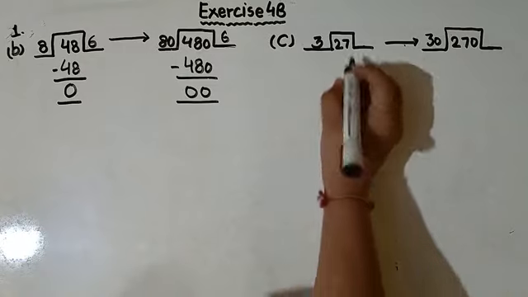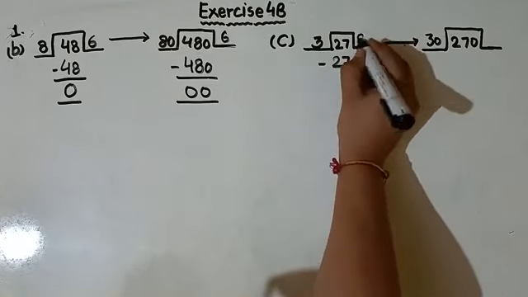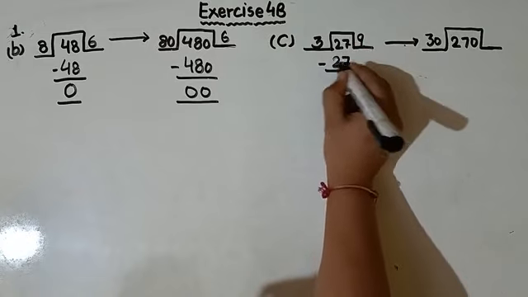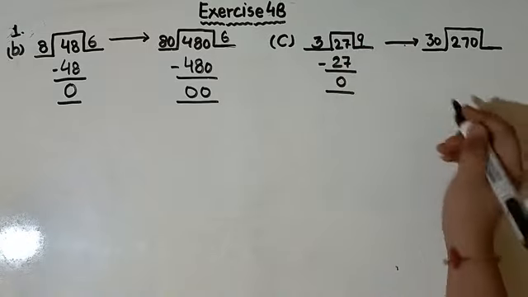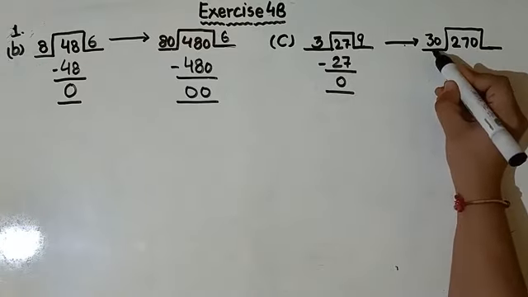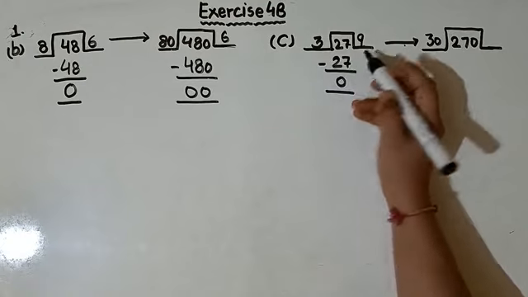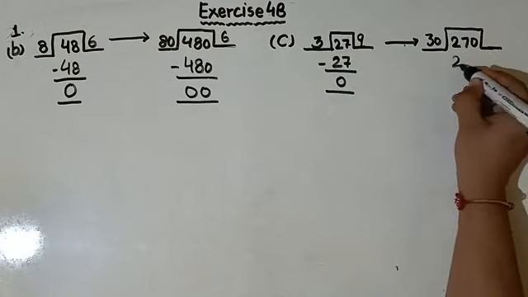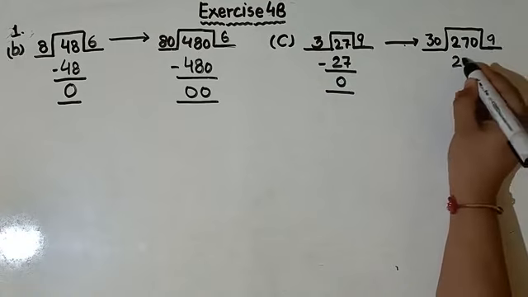Now similarly come here, 27 divided by 3 is 9 times. Now 27 minus 27 is 0. Now come to this one. As we have done there, see, if in the table of 3, 27 comes 9 times, then in the table of 30, 270 will also come 9 times.